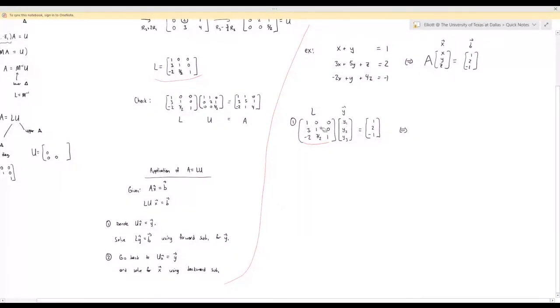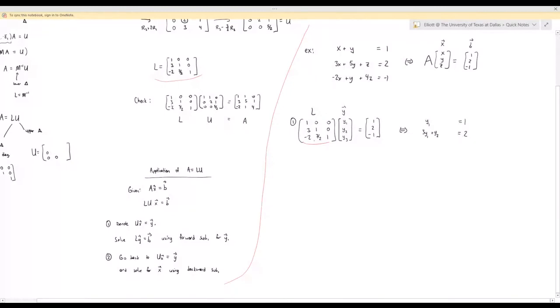Here, if we write out the corresponding system of equations, the first row gives us the equation y1 equals 1. The second row gives us 3y1 plus y2 equals 2.